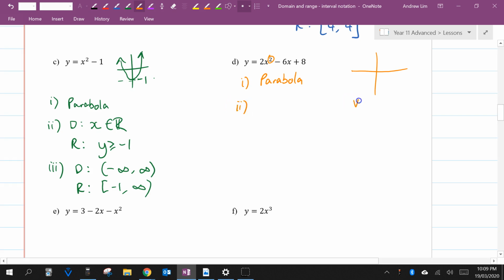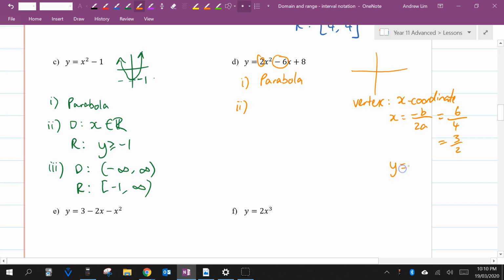If I work out the x-coordinate using x equals minus b over 2a, if b is minus 6, minus b is positive 6. If a is 2, 2a is 4. So the x-coordinate is 3 over 2.